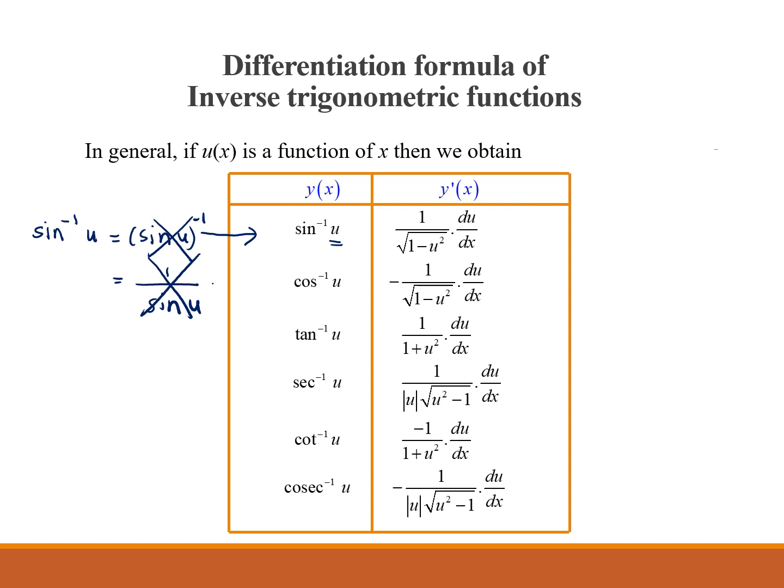And this is the derivative of inverse cos of u, where you will get in this form the inverse of tangent, secant, inverse of cotangent, and cosecant. So this formula will be given in your test and also in your examination.